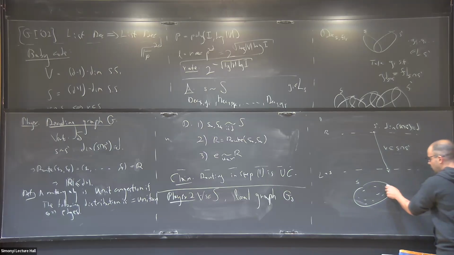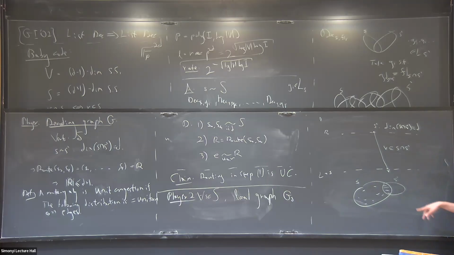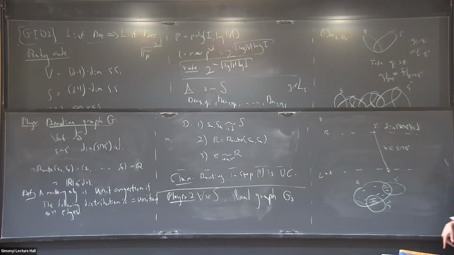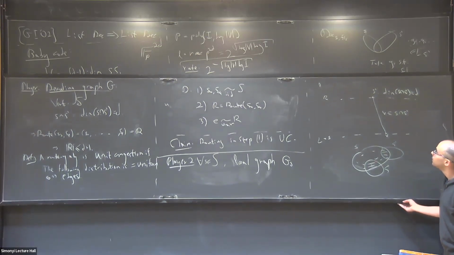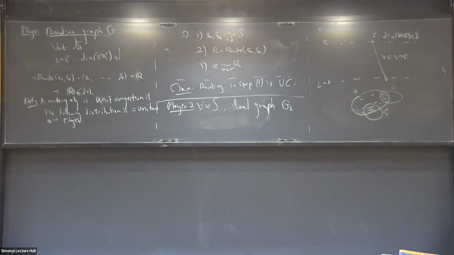So for every S prime here, I have this intersection, and I can put S prime in this upper side of the bipartite graph, and I connect S prime to all the points that appear in the intersection. And then I will also have some S prime prime, and I will connect it to that, and so on and so forth.